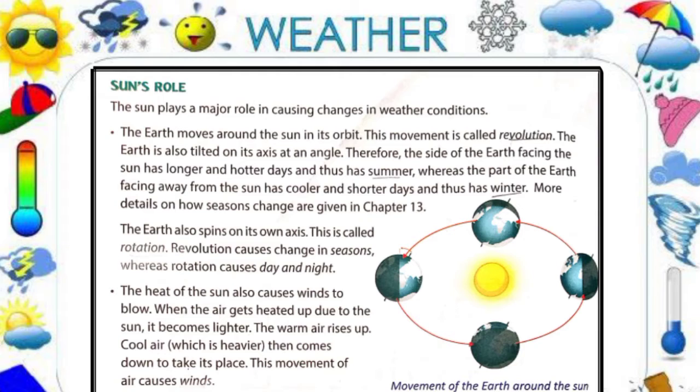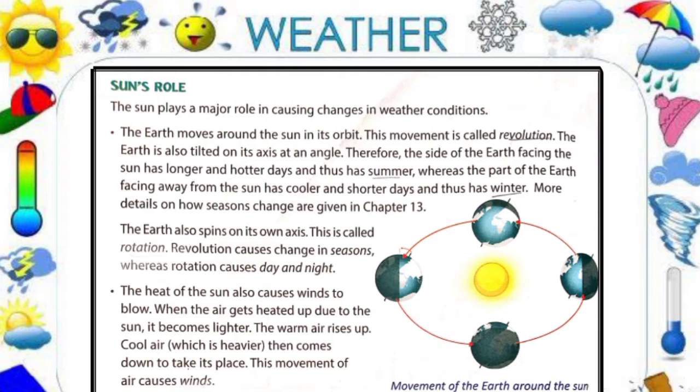That means it is used when one body moves around another, while rotation is used to mean the movement around the axis. For example, the moon revolves around the earth and the earth revolves around the sun. This movement of the earth around the sun in a fixed path is called a revolution.